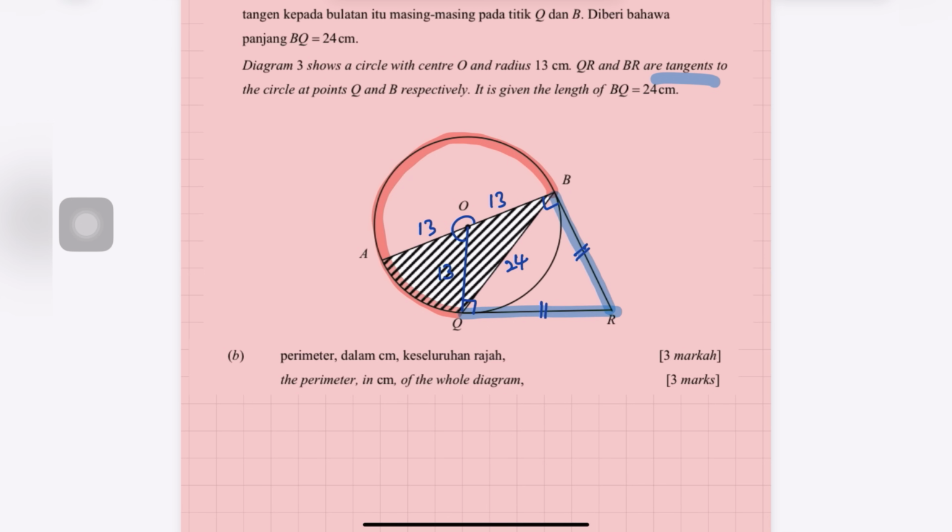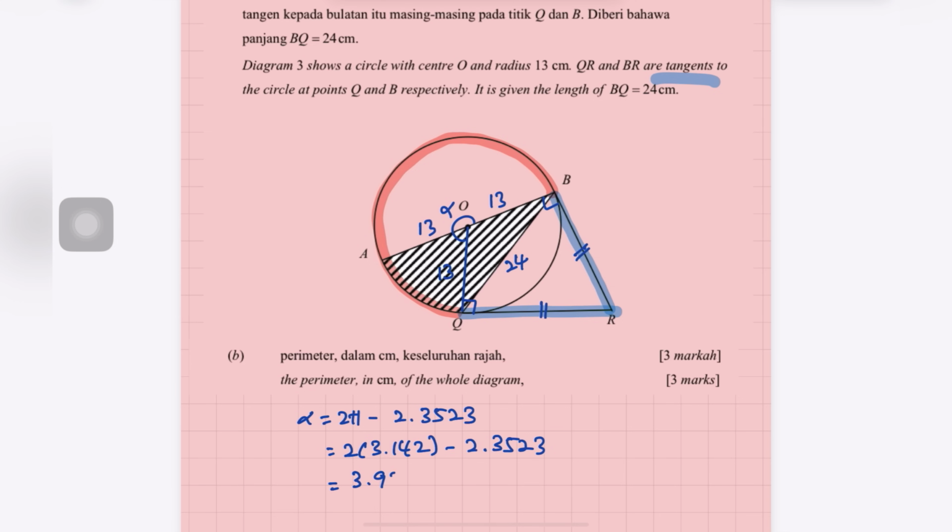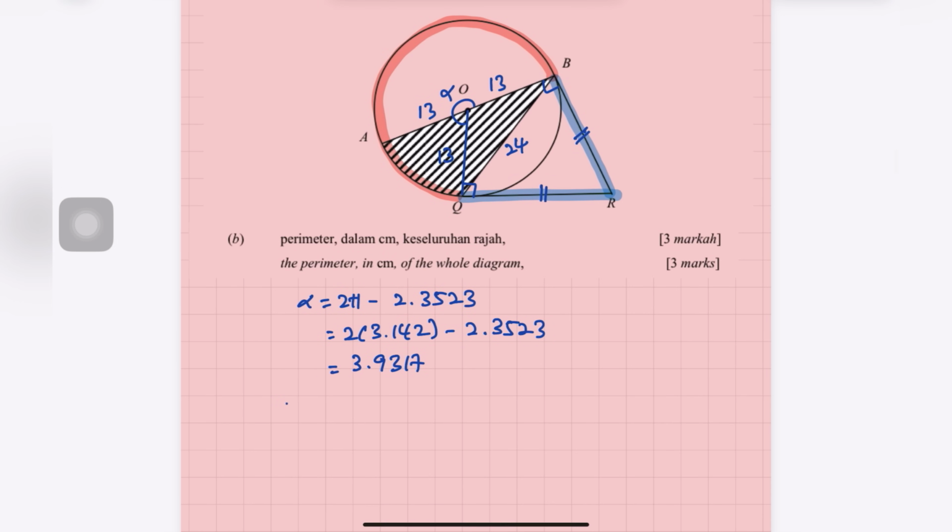Let's say alpha. So alpha is 2 pi minus BOQ from just now, which is 2.3523. So 2 pi is 3.142 times 2 minus 2.3523. So the angle is 3.9317. Now that we have the angle, we can find S BAQ.